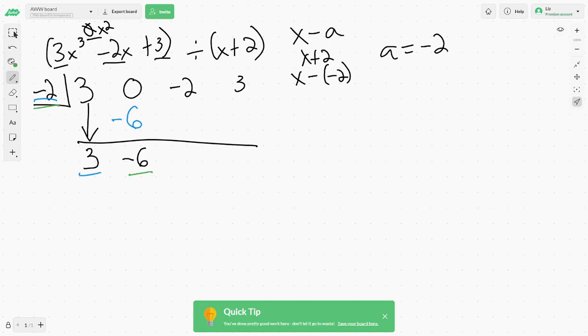Negative 6 times negative 2 is 12. Negative 2 plus 12 is 10. 10 times negative 2 is negative 20. And 3 minus 20 is negative 17.